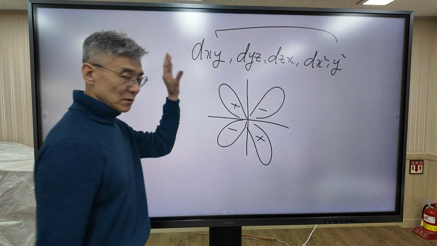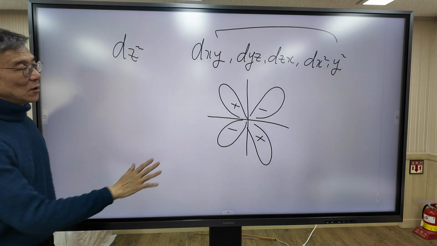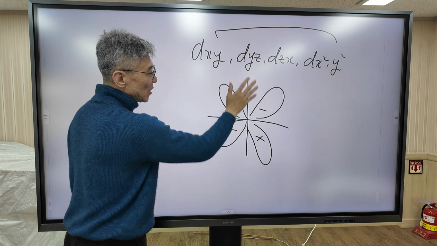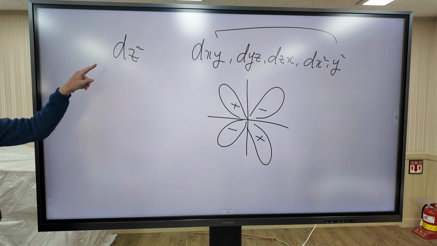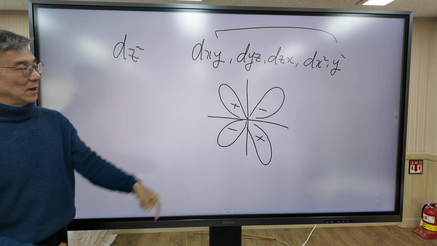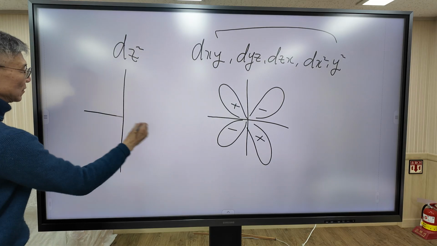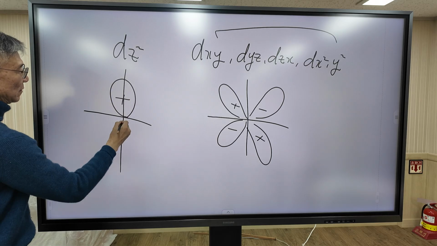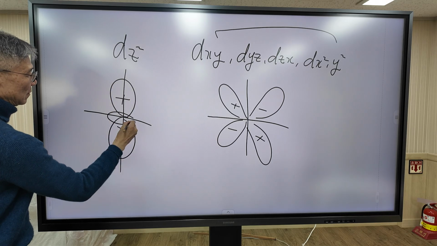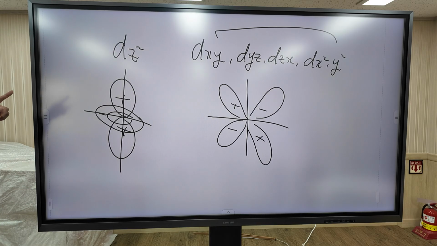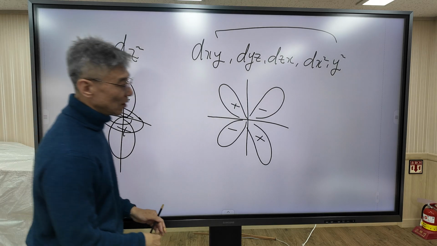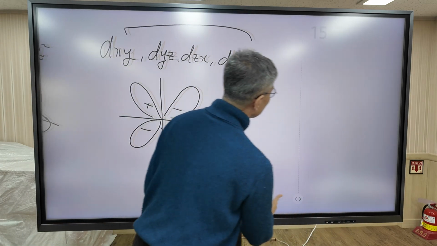They share a similar shape. Although the orientation is different, the shape is the same. They have 4 lobes. But as you know, this orbital is quite different from this orbital. The shape of this orbital looks like this. This shape is very different from this one. Actually, this orbital is a sum of 2 orbitals.